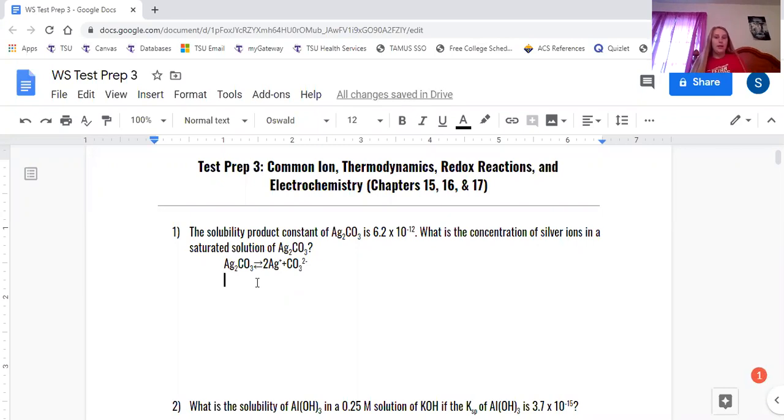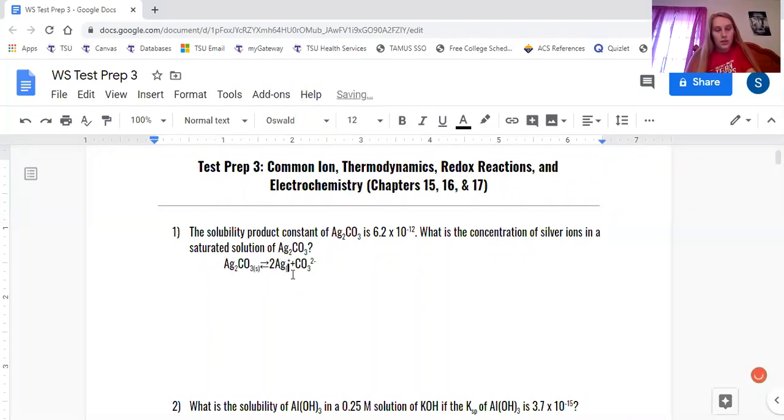So now we need to get a RICE table going with this. It doesn't matter what's on this side because it's a solid, so we don't need that. The other two are both aqueous, so that's why we need them.